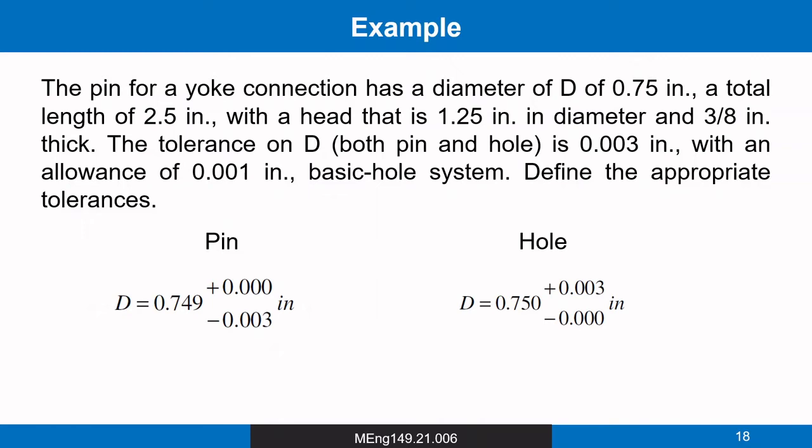So sa kaning example ani is dili na to usbon ang size sa hole under the basic hole system, but kundili ang size sa shaft, or in this example is the pin. So that's why sa expression to sa tolerance para sa pin is that instead of 0.75, which is the supposedly given for the pin, is that mo na siya ang gibutan nato nga size para sa hole.